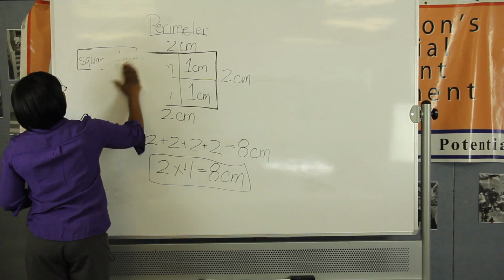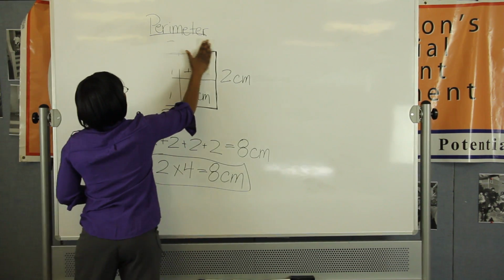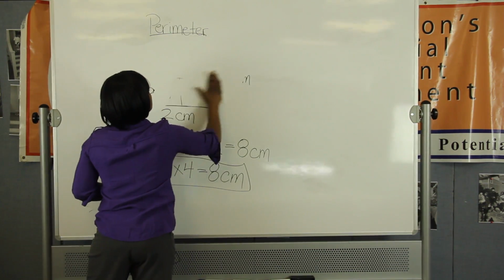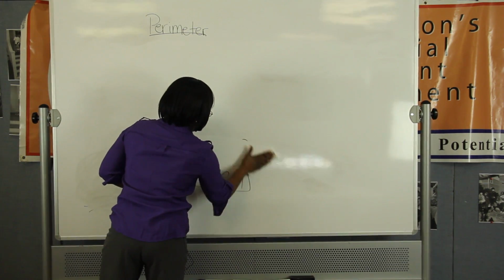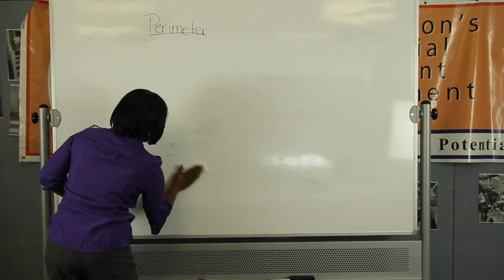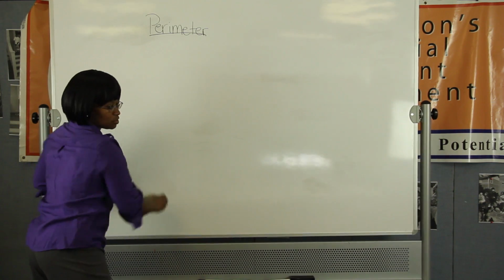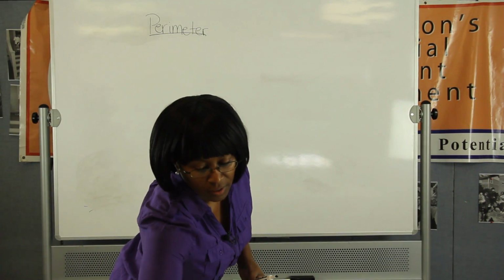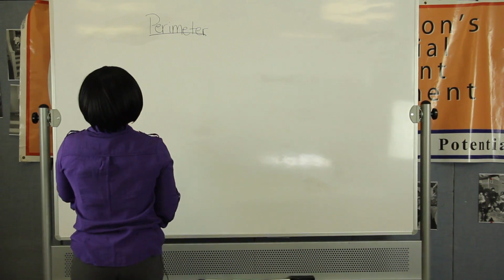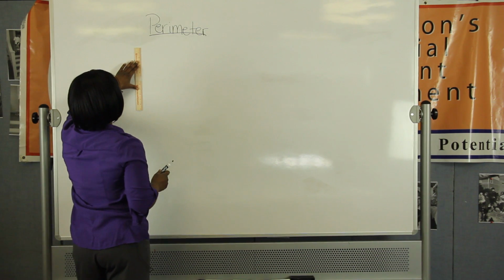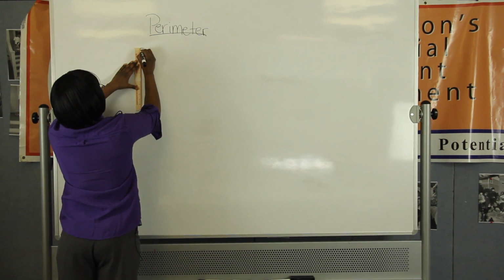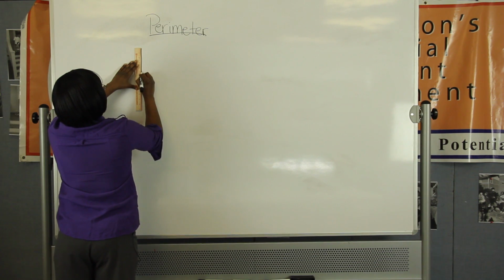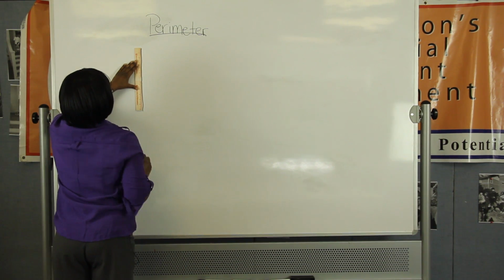So let's now try one without the squares. So what do you have to do when you don't have squares? You have to go back to your measuring tools. You would, on a piece of paper, I'll use a small ruler here. You would use a ruler to create your straight line. Let's see if I can do this without messing up this ruler.